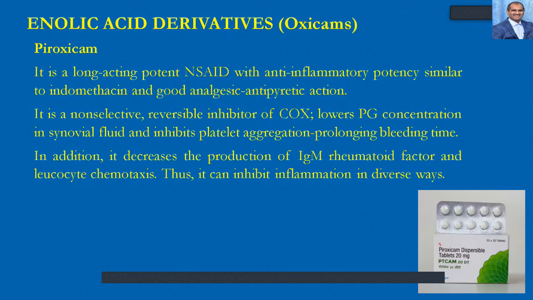Then in addition it decreases the production of IgM or immunoglobulin M, rheumatoid factor, and leukocyte chemotaxis. So this can inhibit inflammation in diverse different ways. So the attraction of the inflammatory molecules to the place of inflammation is reduced by Piroxicam. That's why it is an analgesic, anti-inflammatory, and antipyretic in nature.